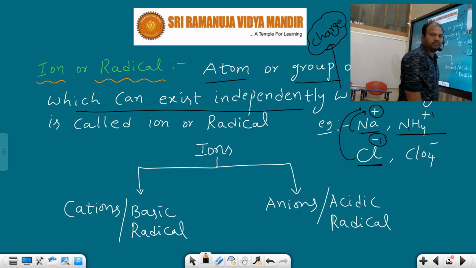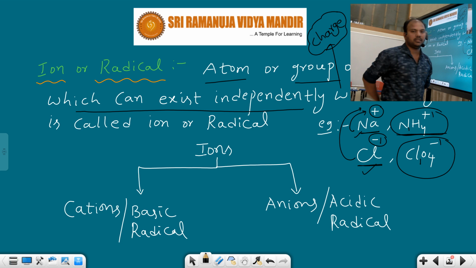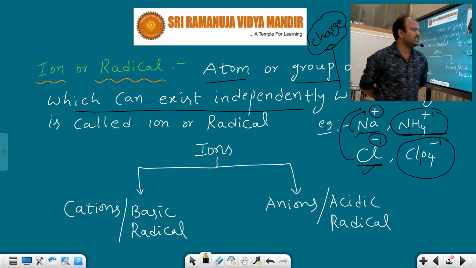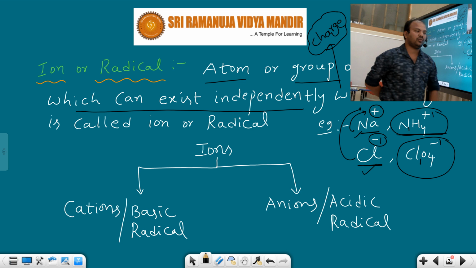Here one chlorine and 4 oxygens have a charge of minus 1. This is a group of atoms with negative charge, and that is a group of atoms with positive charge. So an atom or group of atoms which can exist independently with a positive or negative charge is called a radical or ion.